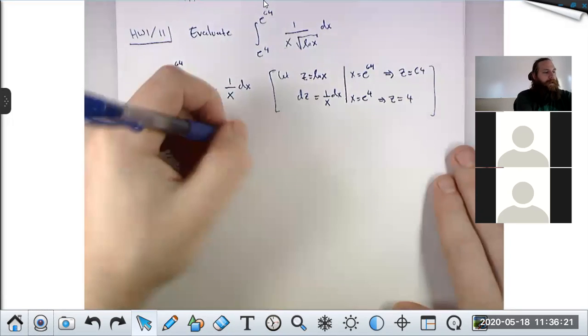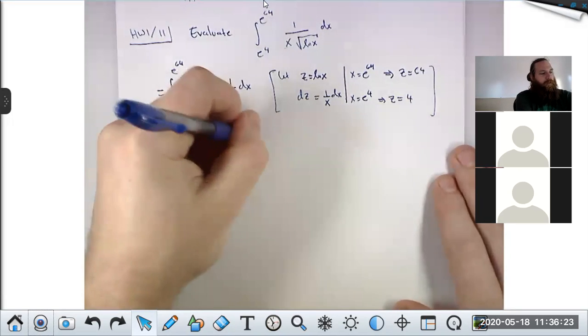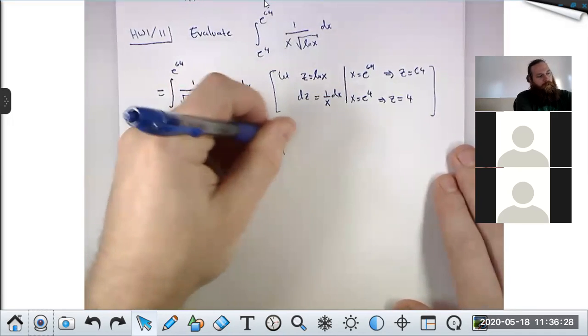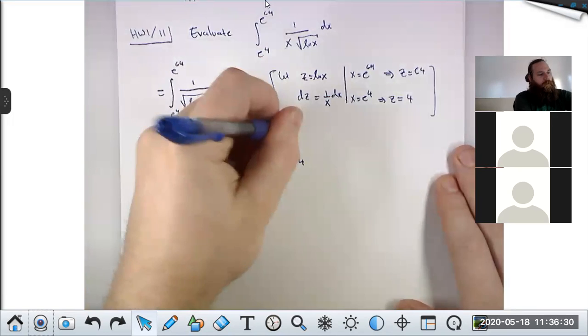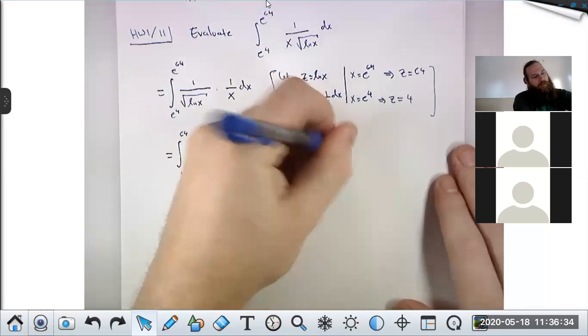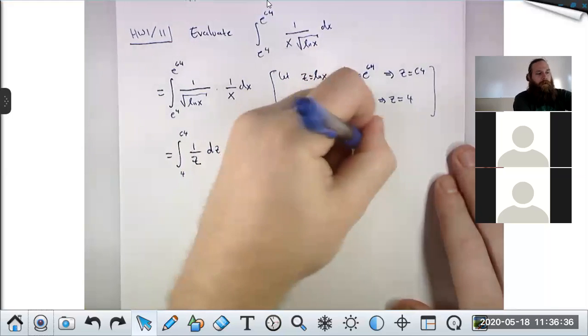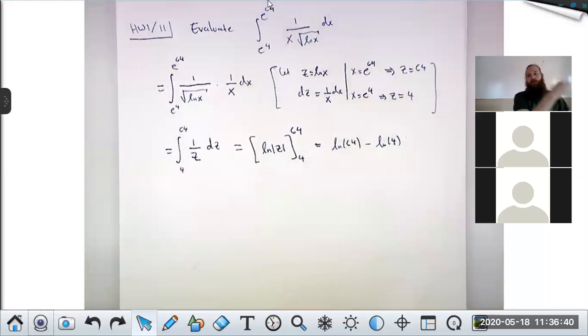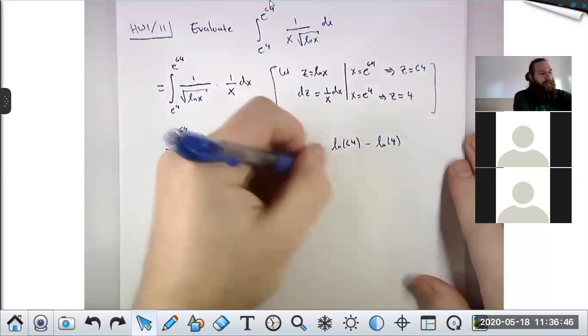So that's the natural log of the absolute value of z evaluated between 4 and 64, which is the ln of 64 minus the ln of 4. And then, it would be okay to stop here, but you can also use properties of logarithms to combine this.